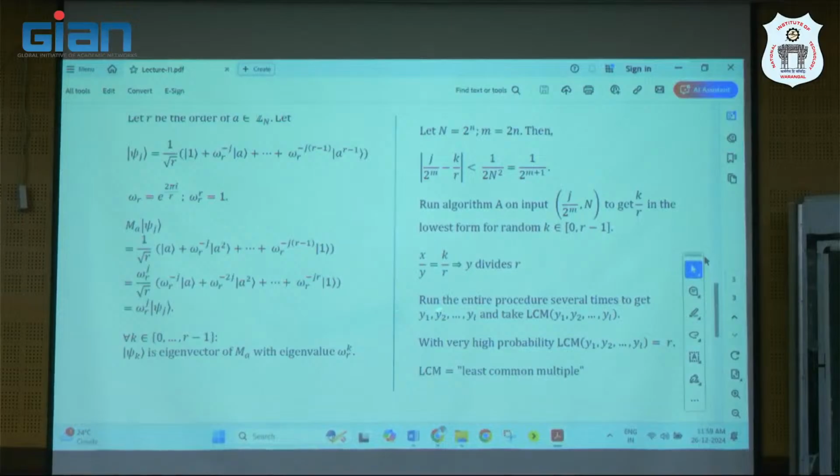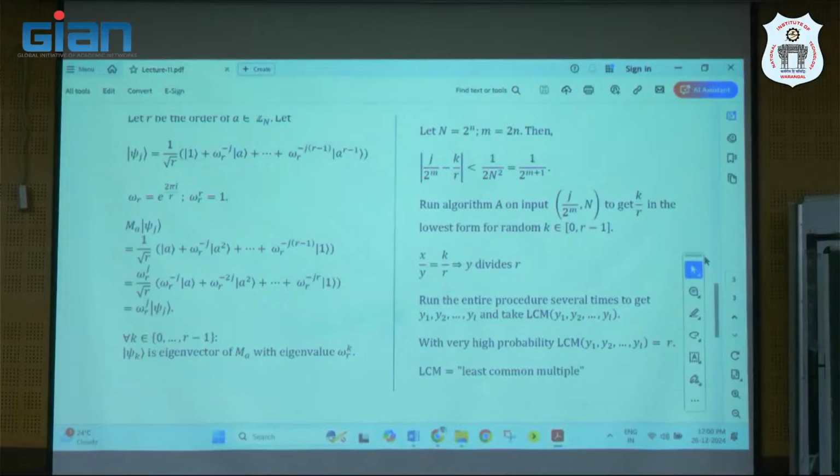Each time we are getting a Y which divides R. Correct? Take its LCM. That will also divide R. Correct? If each Y divides R, their LCM will divide R. Now, what will happen?